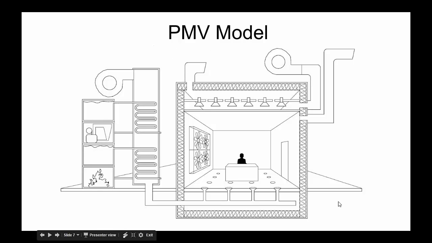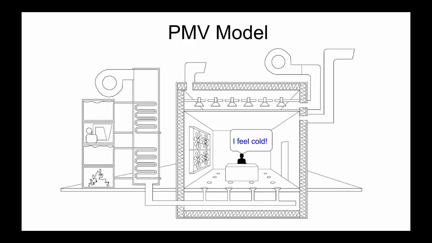The way that came to be was that an awesome scientist named Fanger stuck people in a climate chamber under really tightly controlled conditions, where he controlled the surfaces, the air temperature, the wind speed, and everything. After they sat there for an hour, he would ask, how do you feel? Do you feel hot? Do you feel cold? He took measurements of their clothing, their activities and metabolic rates, and he did this thousands and thousands of times.